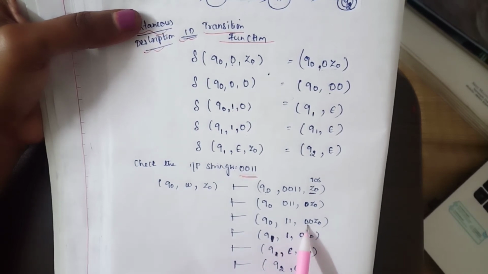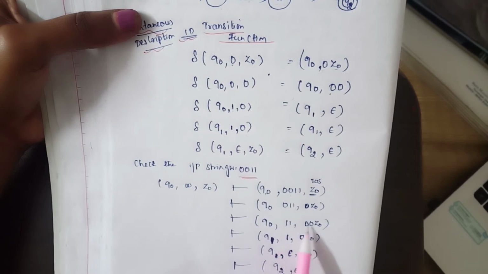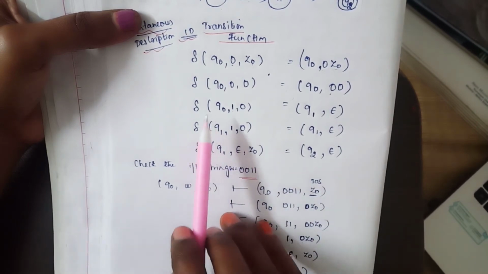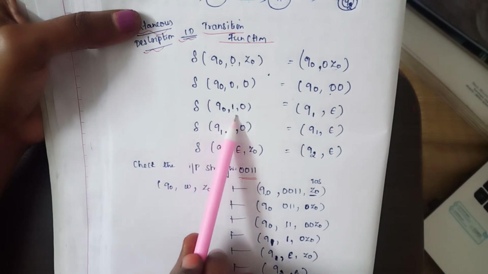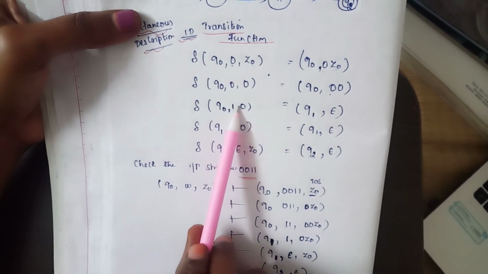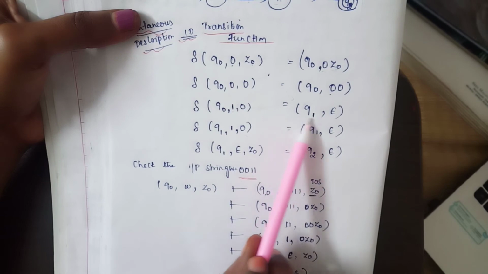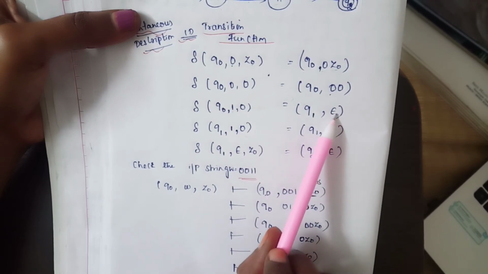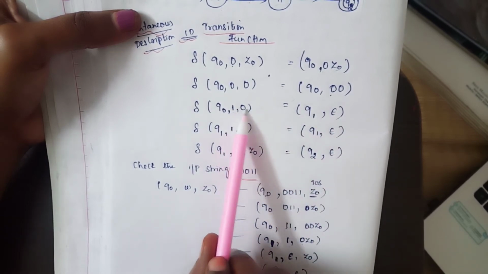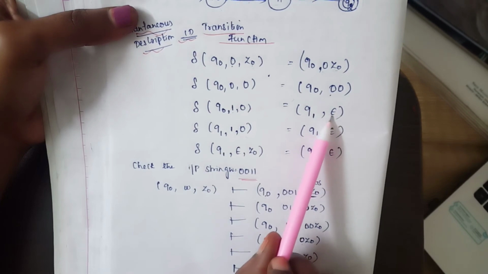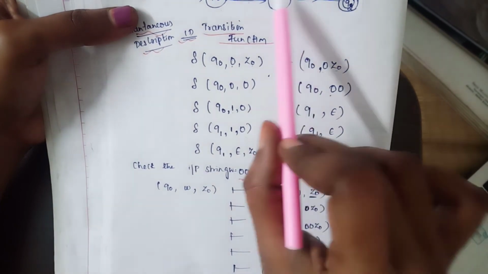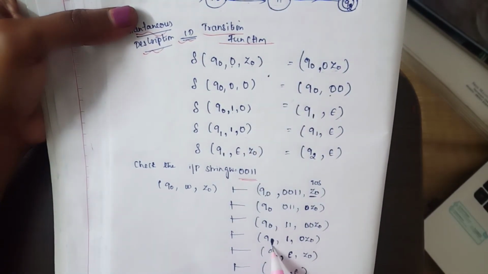Because the top of the stack is 0 and the input symbol is 1, so they get cancelled. According to this rule, q0 on 1 with 0 on top of the stack gives epsilon. So 1 and 0 get cancelled and we have epsilon over here, so it moves to q1, right?